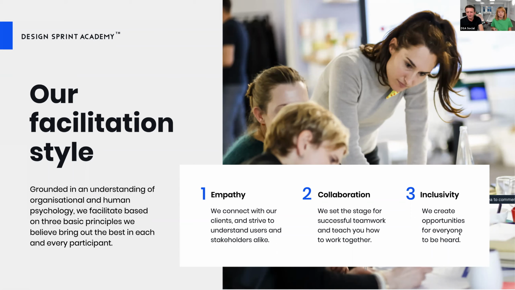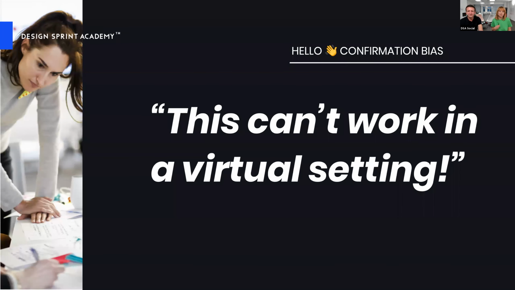And talking about these principles and our facilitation style, the first challenge we had was that we felt bringing this type of facilitation and our style into a remote setup would not work.